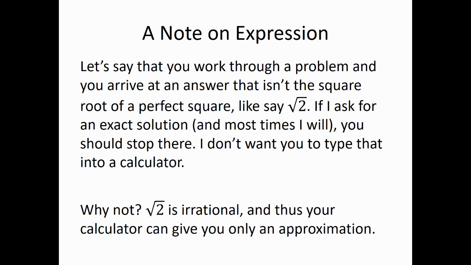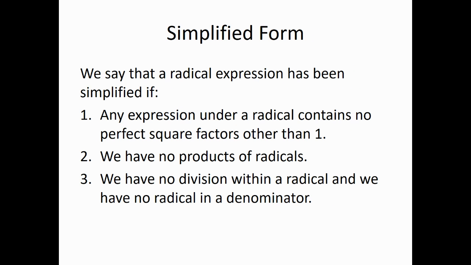And then what we must discuss is how we simplify expressions like that, and they are certainly simplifiable in some cases. Well, here's what I want out of you when I say that I want you to simplify a radical expression. Well, first of all, I don't want any expression under a radical to contain a perfect square factor other than 1. We must remove those. Those will come out from under the radical.